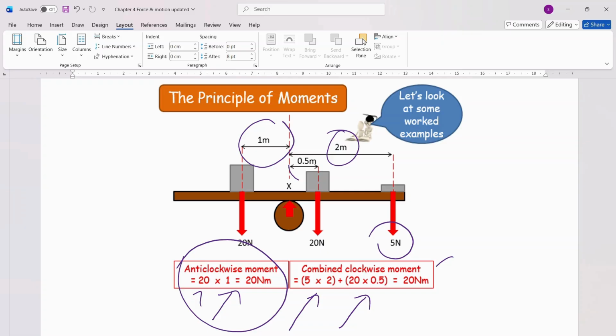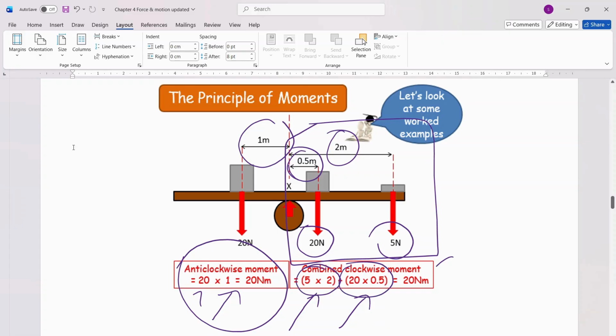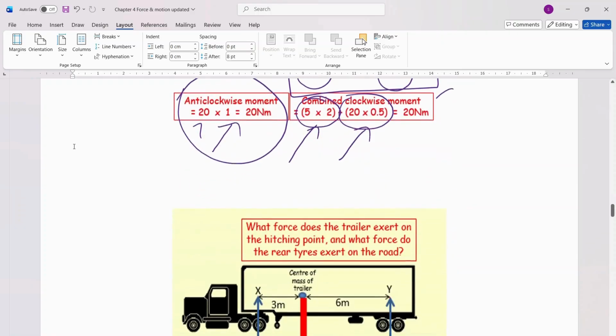The other one is 20 Newtons and the distance is 0.5, and both are on the right hand side. So to calculate the clockwise moment, we simply add them. We calculate the two forces separately and add them, and we get the total combined clockwise moment.